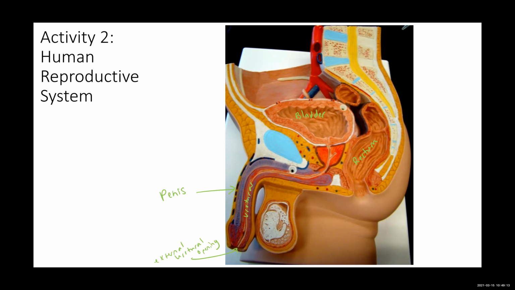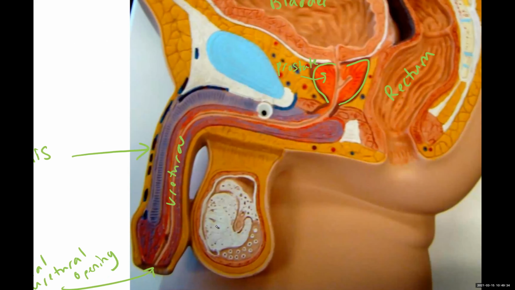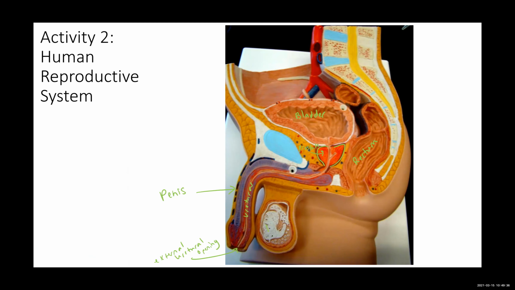Looking at the base of the bladder right here, we have the gland called prostate. And looking here, let me change my color.